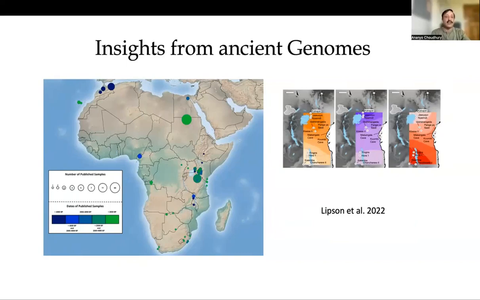And this stop of exchange led to the development of regional populations, each with their unique genetic characteristics.